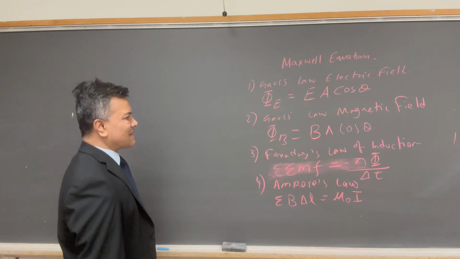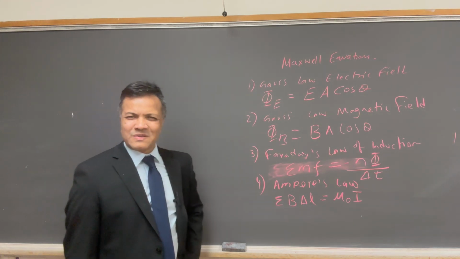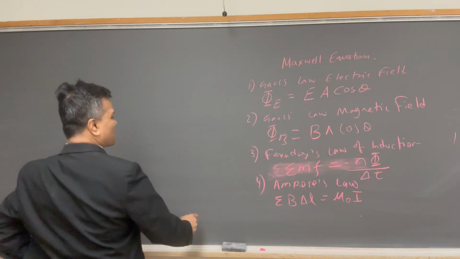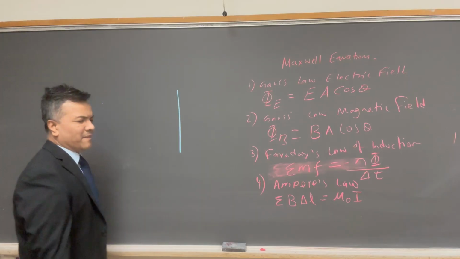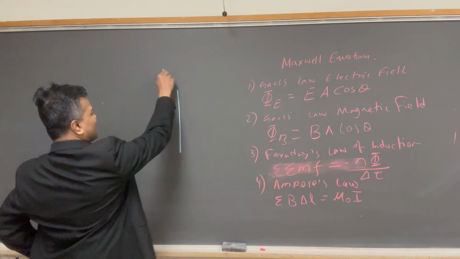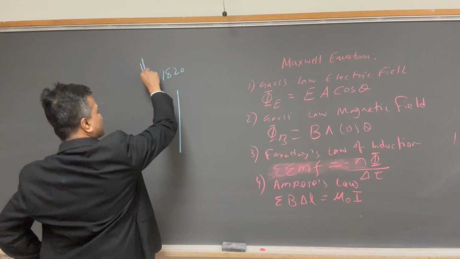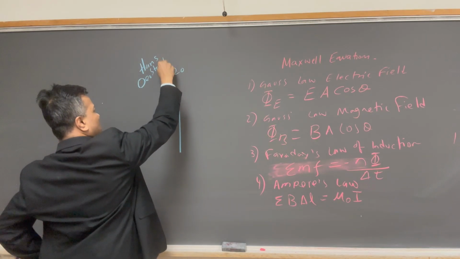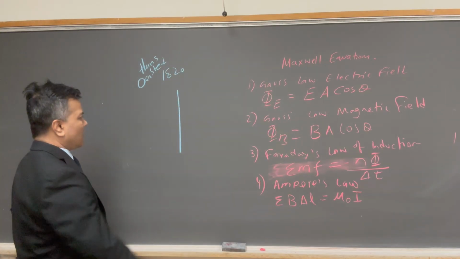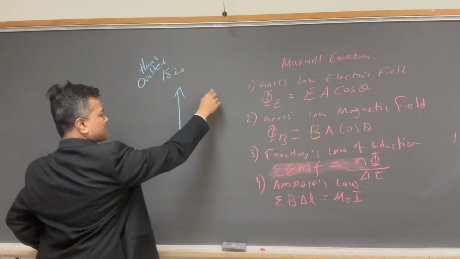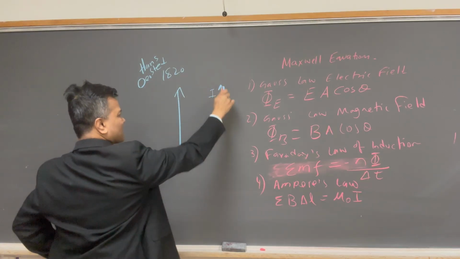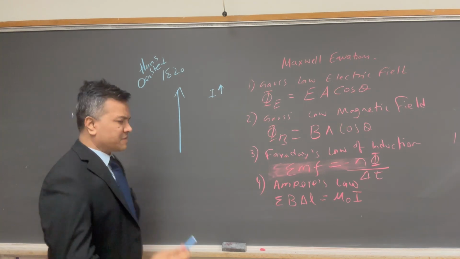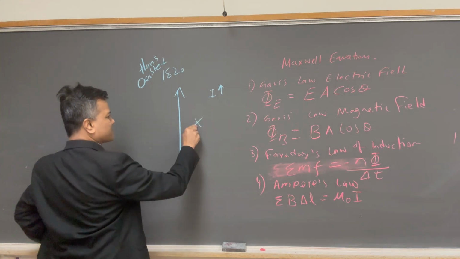Okay, let's understand Ampere's law, because Ampere's law is the easiest one over here. Let's consider a wire. In 1820, Hans Oersted discovered, after putting current in the wire, let's say current moving to the north, that the current-carrying wire creates a magnetic field around it, which is counterclockwise.